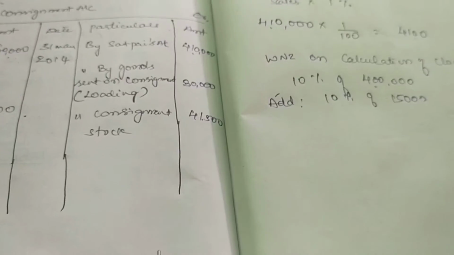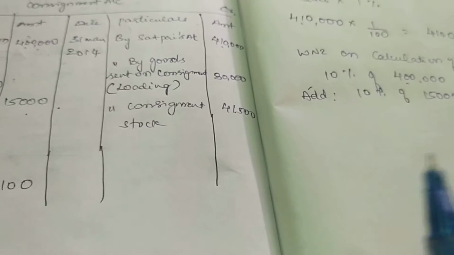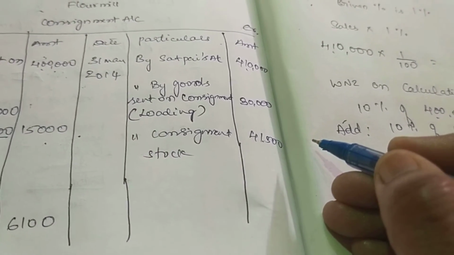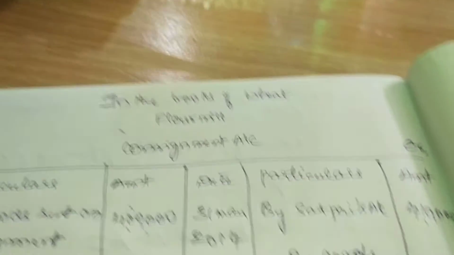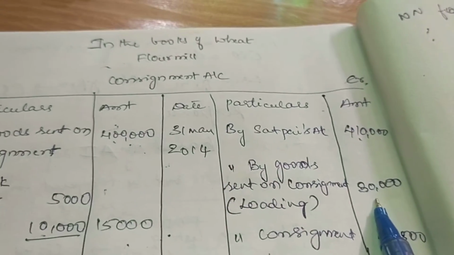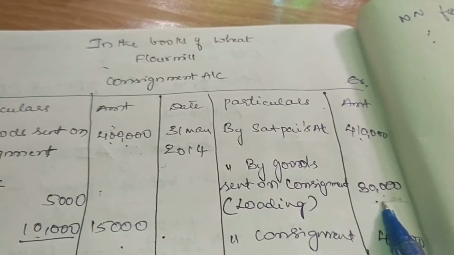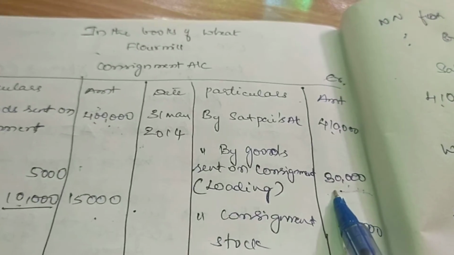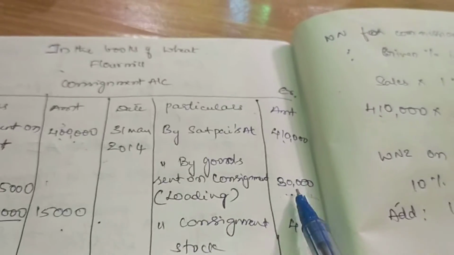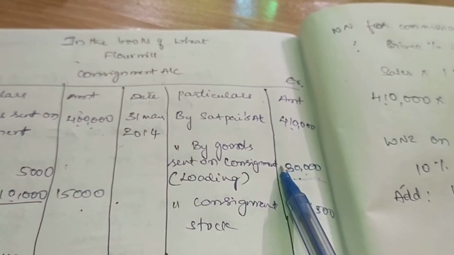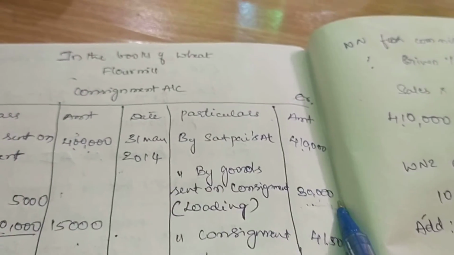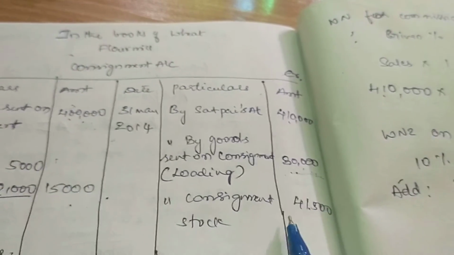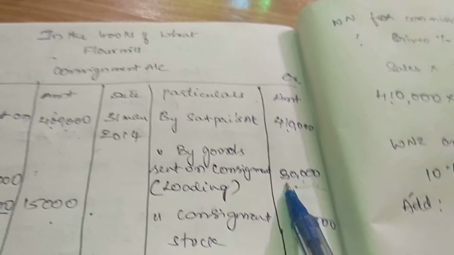It is 10% of 30,000, that is, the previous 30,000 loading. What was the loading charge on the goods sent on consignment? It was 10%. Of the goods sent on consignment, the total amount was 100%, which is 30,000, and what remains as closing stock is 10%, so the loading will be 10% of it.